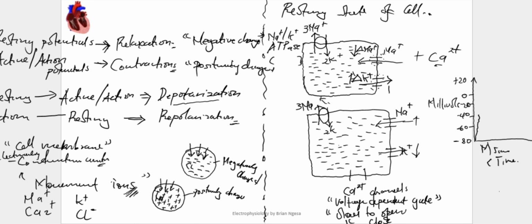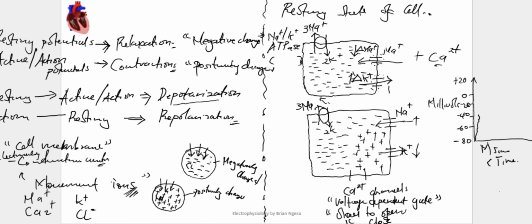As sodium is entering and we are limiting the amount of potassium leaving the cell, our cell becomes more and more positive, climbing the ladder from negative 80, as we are able to see.